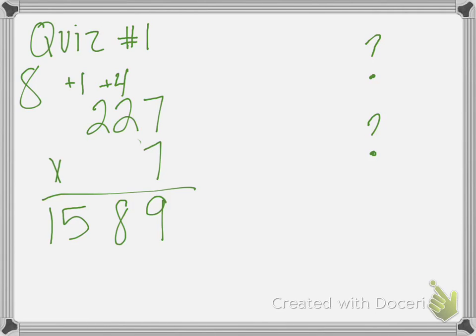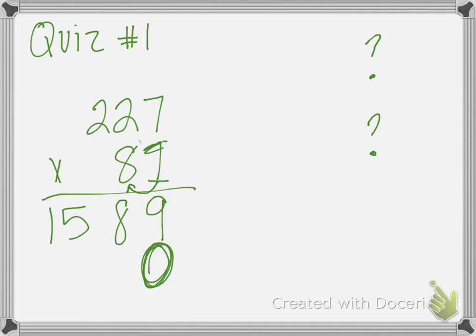Okie doke. So now I need to take away these top numbers because I'm not using them again. And I need to re-add my 8 down here. And I'll erase them over here so we don't get confused. All right, so since I went from the 1 spot to the 10 spot, I need to add a big fat 0. And then I just start multiplying again.